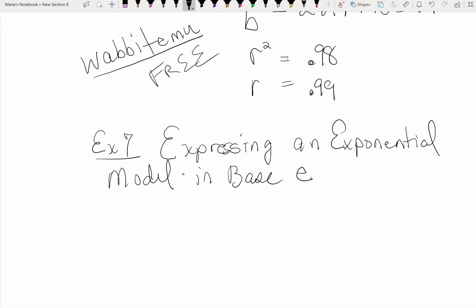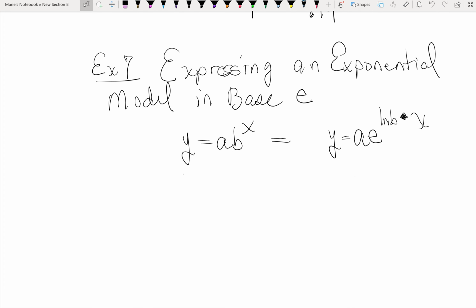I'm going to start with some of the basics, where y is equal to a times b raised to the x power, which is equivalent to y is equal to a times e raised to the natural log of b times x. All right, and so they start you with that.